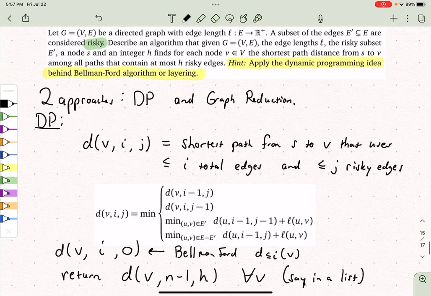So we literally use Bellman-Ford to compute the base case, and then we use this recursive formulation that's almost identical to what Bellman-Ford did originally. The only difference is now we're keeping track of when we use a risky edge or not. And of course, if we run out, we can't use any more. And so we can only consider E minus E prime when we're doing this computation.